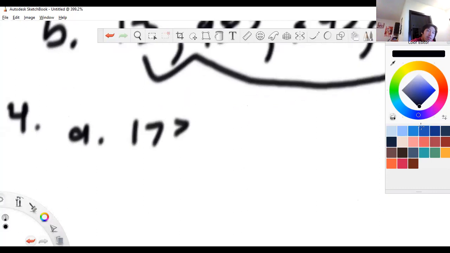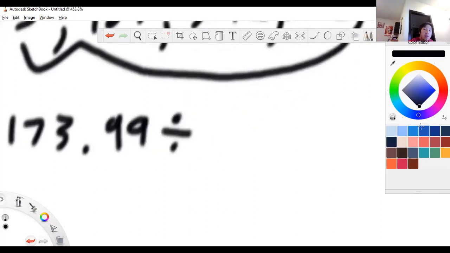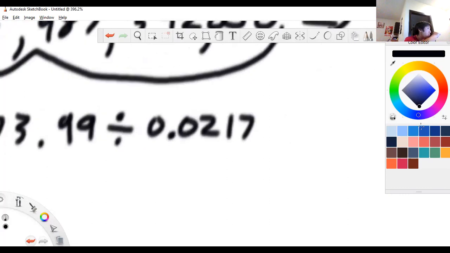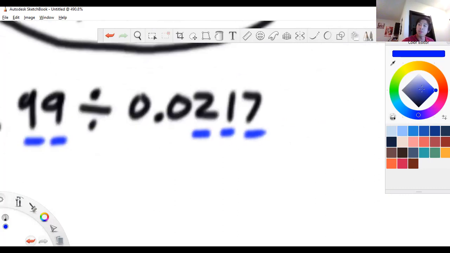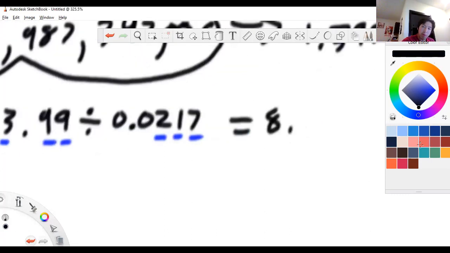So we have 173.99 divided by 0.0217. This has 5, and this has 3. So our answer will only need 3 significant figures. Chuck that into a calculator, we get 8.02.